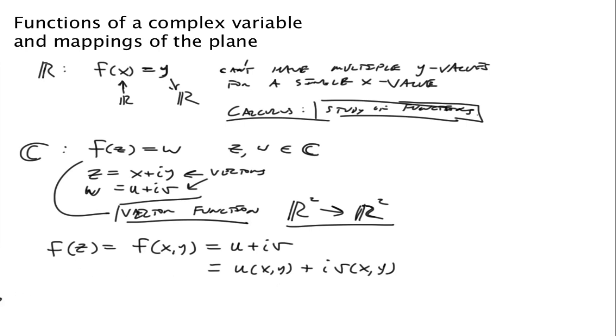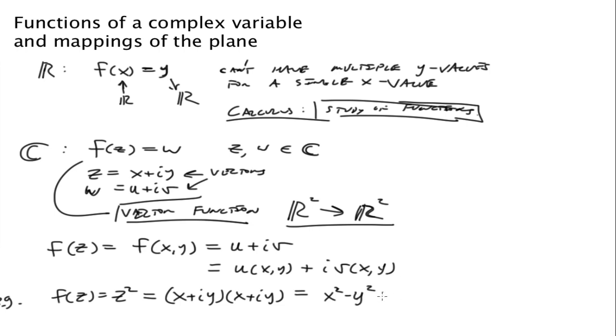So let's talk about an example. Let's talk about f of z is equal to z squared. We can write that as x plus iy times itself. That's going to be equal to, now we have to do all the complex arithmetic here, so we have an x squared. And then when I multiply iy times iy, I get a minus y squared.